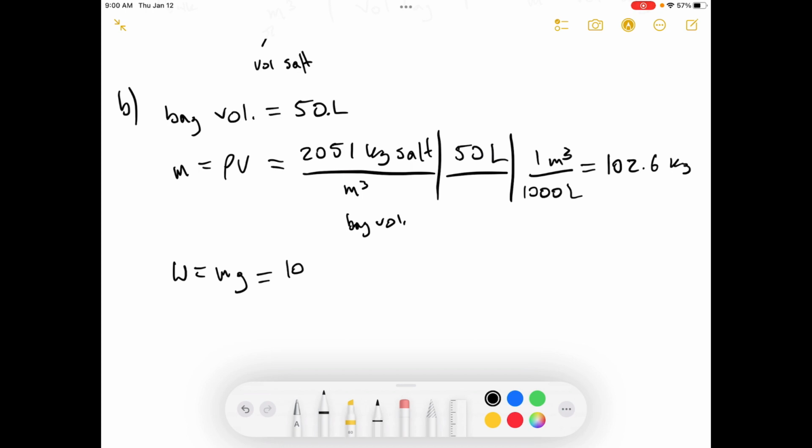So 102.6 kilograms times 9.81 meters per second squared equals 1,006 newtons.